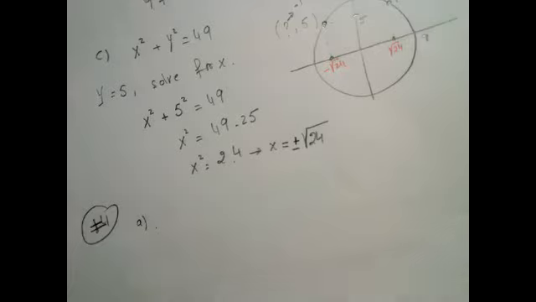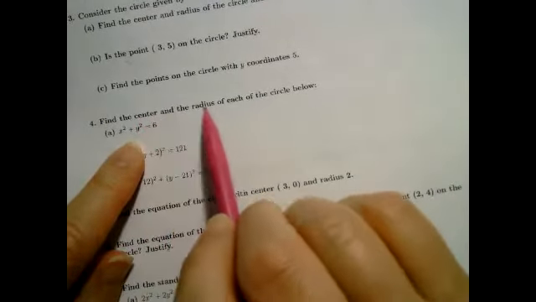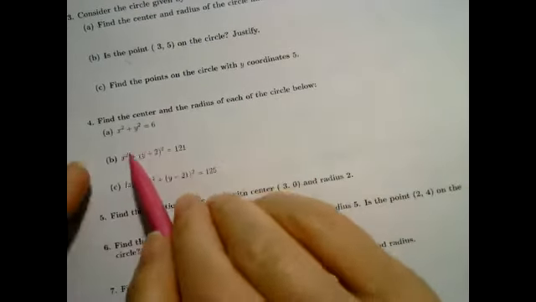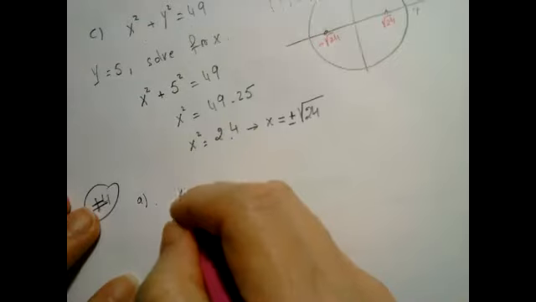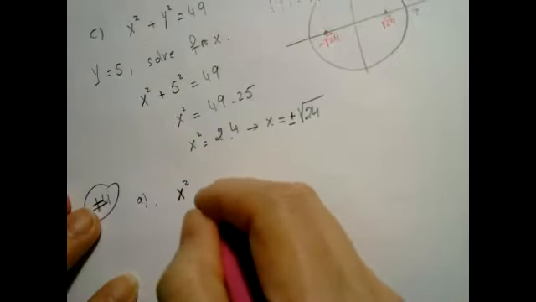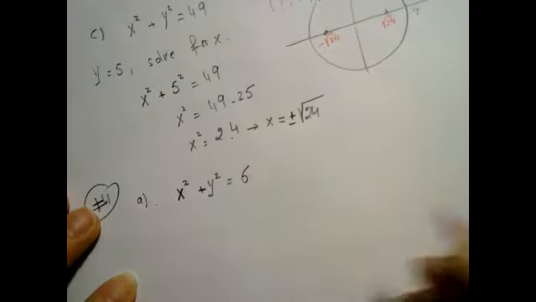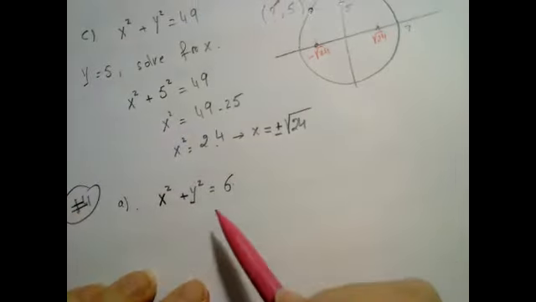Okay. So part A is the following. Find the center and the radius of each of the circles below. We're going to only do 5A, and the goal today is to finish the whole idea. So I have the following: x squared plus y squared equals 6. That's an equation.